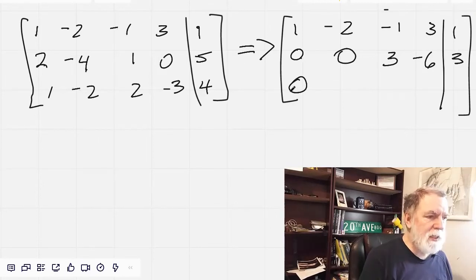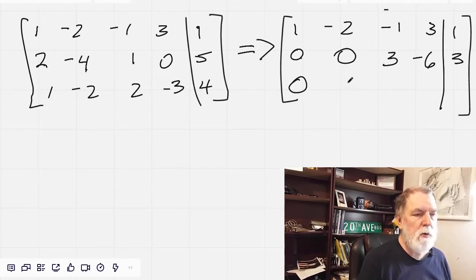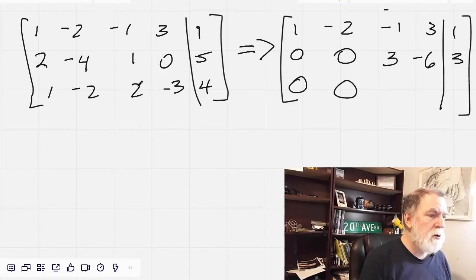Now to get this 0 here, I just need to subtract the top row from the bottom row. 1 minus 1 is 0. Negative 2 minus negative 2 is 0. 2 minus minus 1 is 3. Negative 3 minus 3 is negative 6.